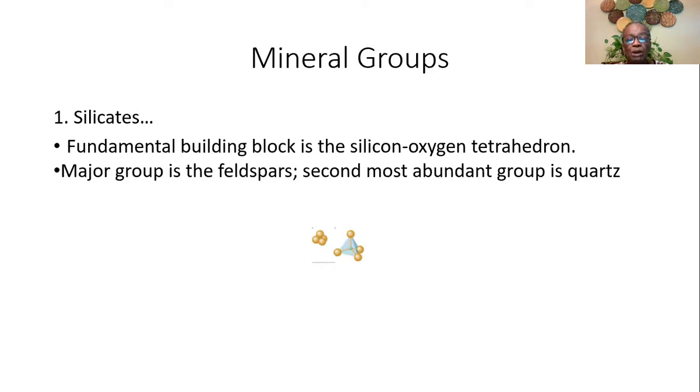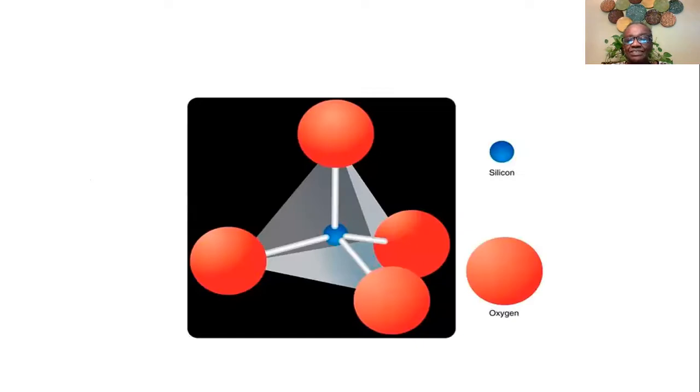So the most abundant silicate minerals are the feldspars. And the second most abundant group is quartz. You recognize this as silicon here, 4 of these oxygens. So this is just, again, the silicon oxygen tetrahedron, which is the building block of all silicate minerals.